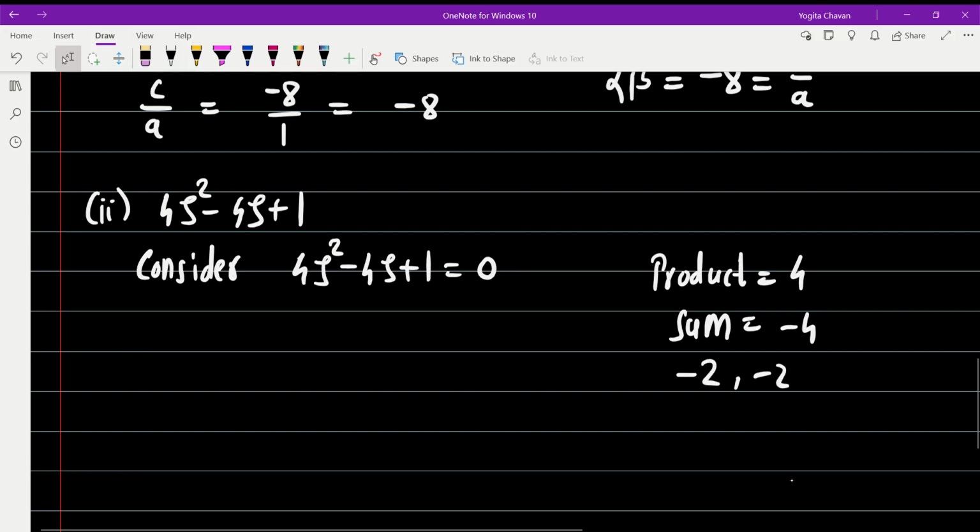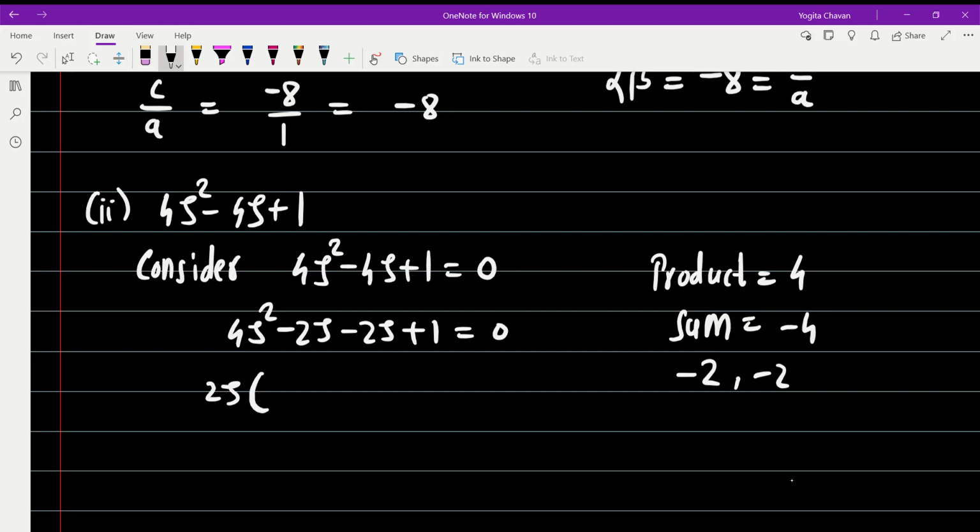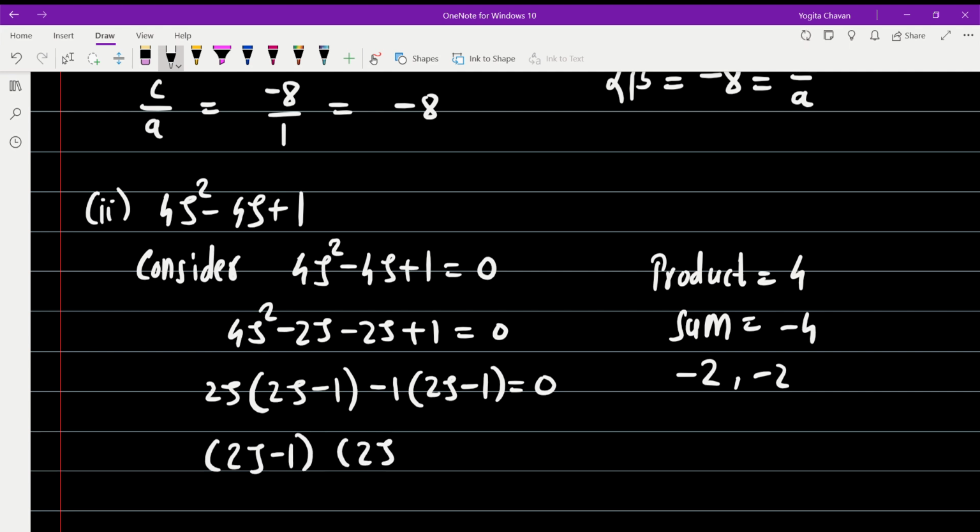So 4s square minus 4s plus 1 can be written as 4s square minus 2s minus 2s plus 1 is equal to 0. So this is now 2s in bracket 2s minus 1, and take minus 1 common, in bracket 2s minus 1 is equal to 0. So this is 2s minus 1 into 2s minus 1 is equal to 0.